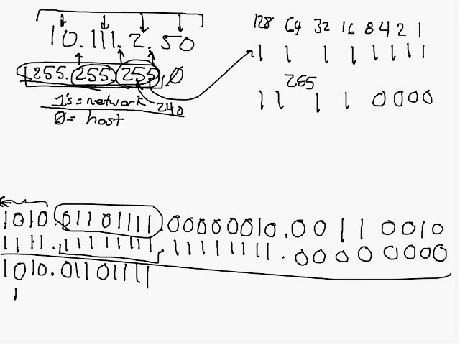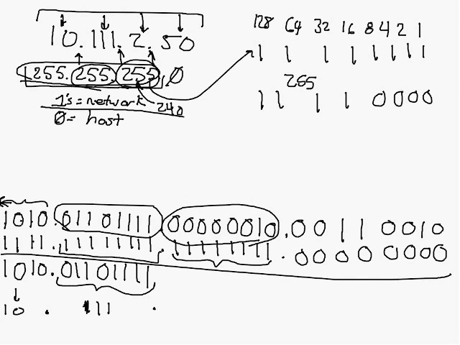In decimal, this is 10 dot, what is this? 111, dot what? Again, I'm ANDing this number with all ones, so that means I'm basically going to get the number here. That's dot 2.